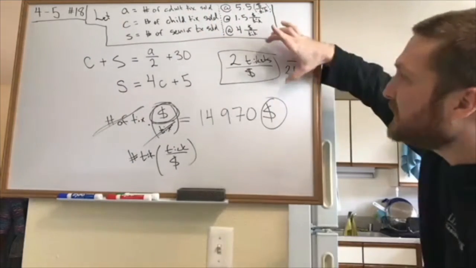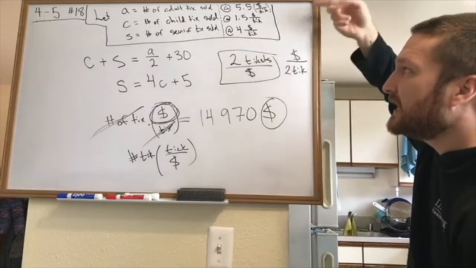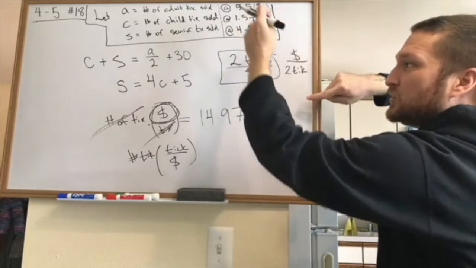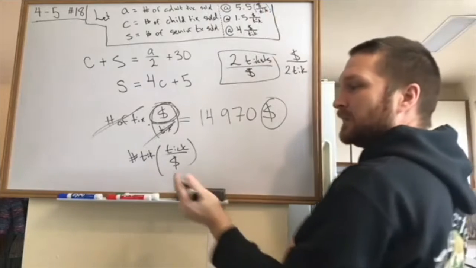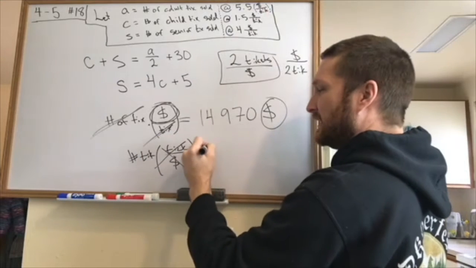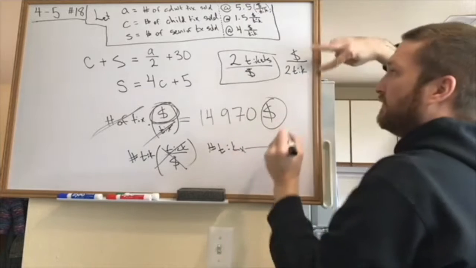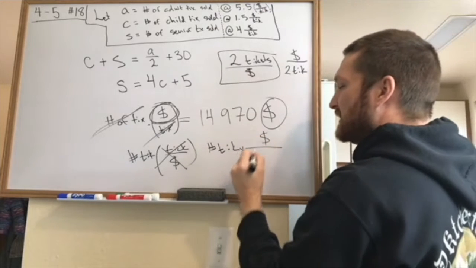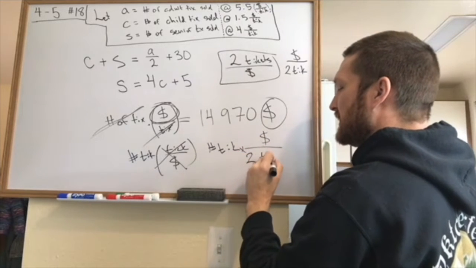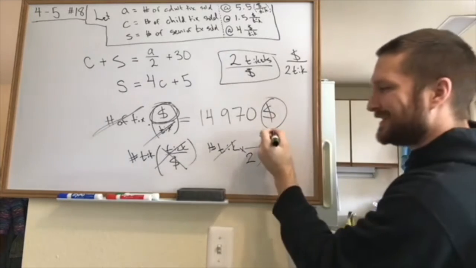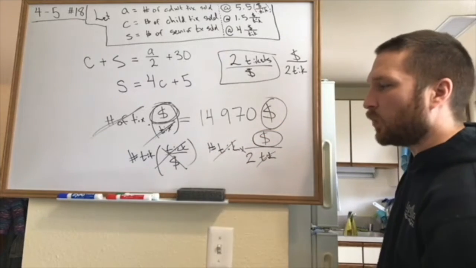But if they were tricky and gave you the rate as tickets per dollar, then you'd have to know, okay, well then I need to divide by that amount because this ain't gonna work. I would need to get number of tickets times, I would flip that fraction and get dollars per every 2 tickets cancel, and I'm left with just dollars, which is the quantity that I want.